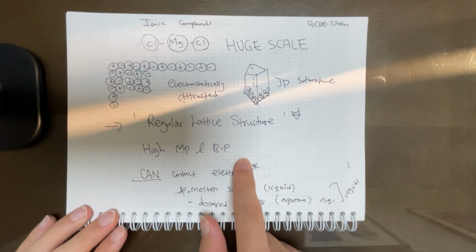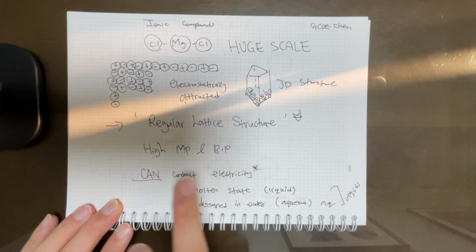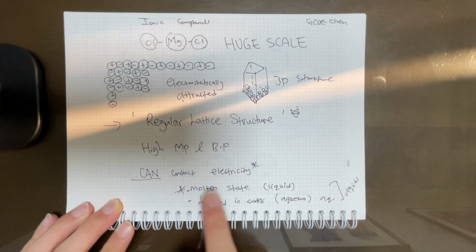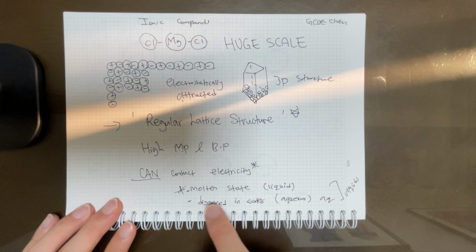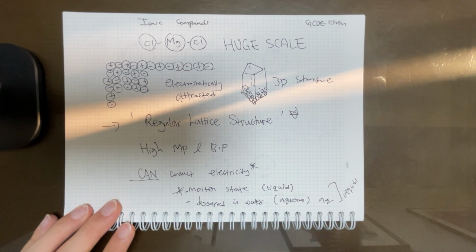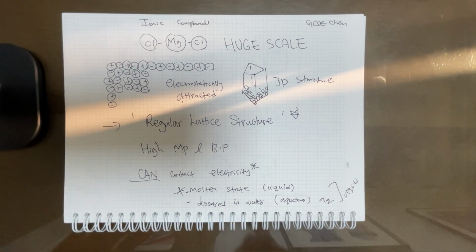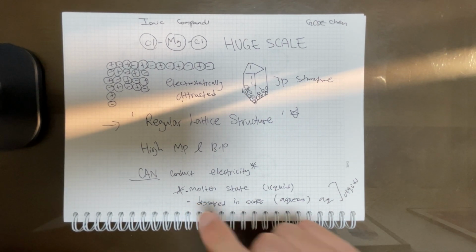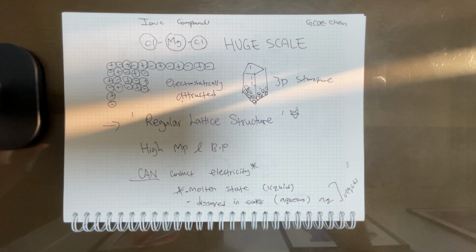And ionic compounds can conduct electricity if they are molten, so a liquid, or dissolved in water, also a liquid, and aqueous. Aqueous just means water is the solvent, so it's dissolved in water. In the next video, I'll look at why this happens and why some metals can conduct and why non-metals cannot.